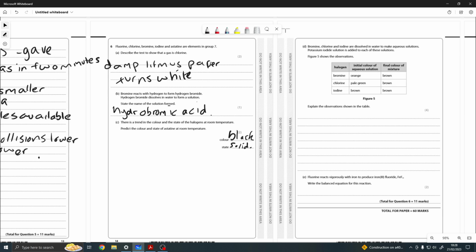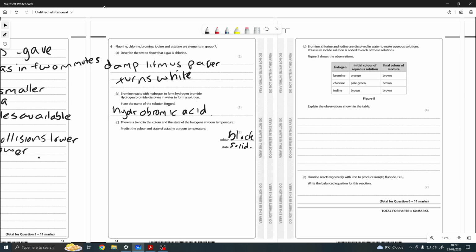Now, iodine is the least reactive of these halogens. What that means is it's not going to displace anything, but as a compound, it will be displaced by everything. So because chlorine and bromine are more reactive than iodine, they will displace it.